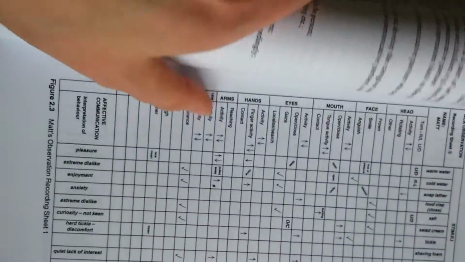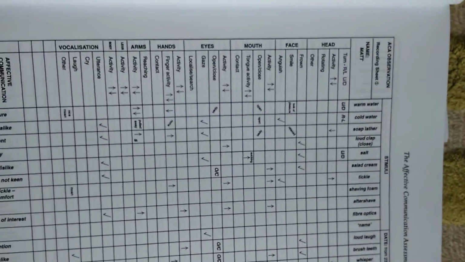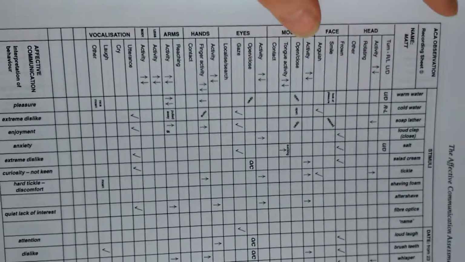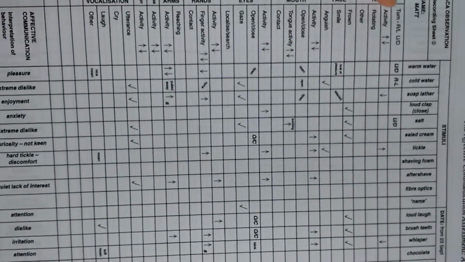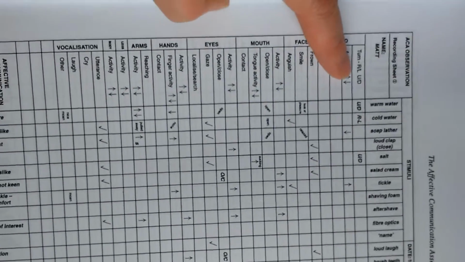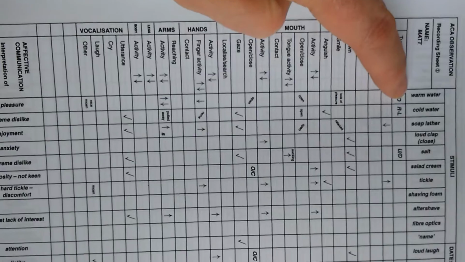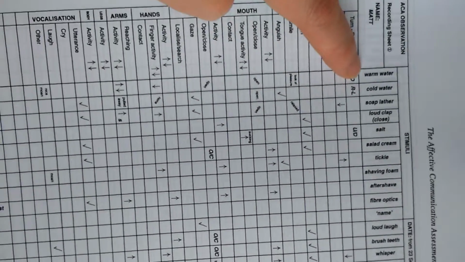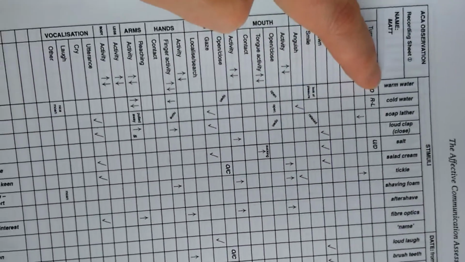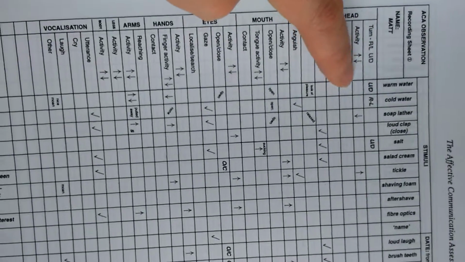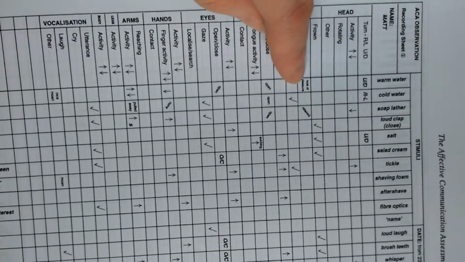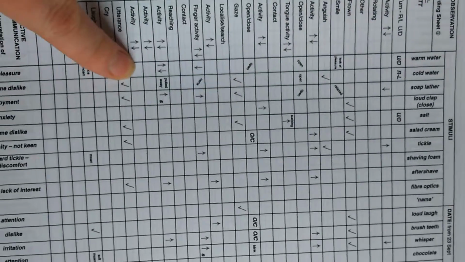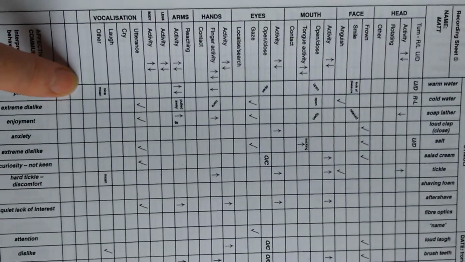So the way that you would fill it in is, across a day, each time that you're doing something different with a young person, so trying out different sensory stimuli or just doing different activities, then each time you do that, for instance this first one here, warm water, you would just code in the column here exactly what that looks like for that young person on that occasion.